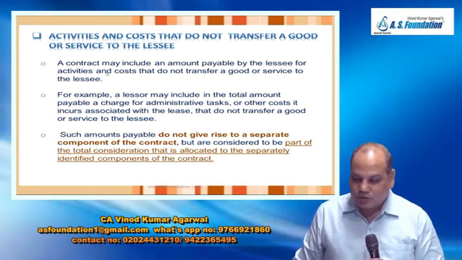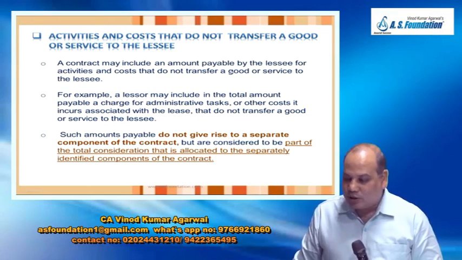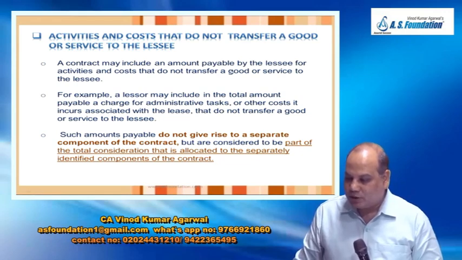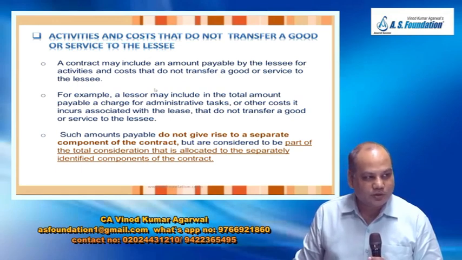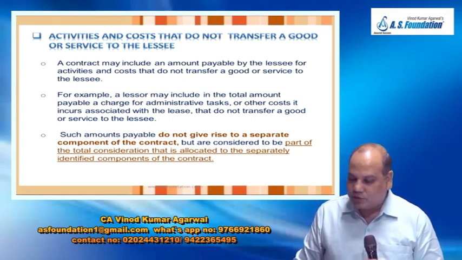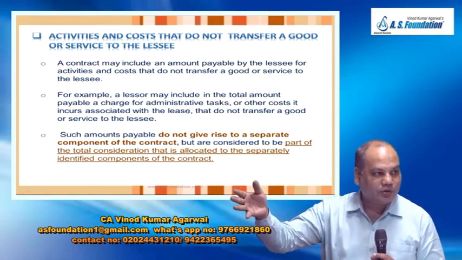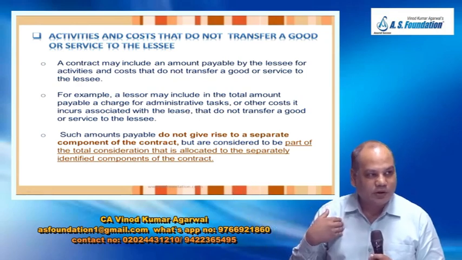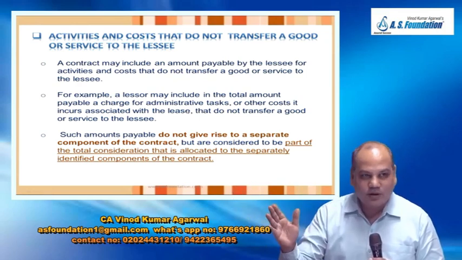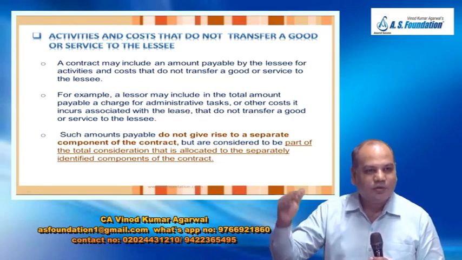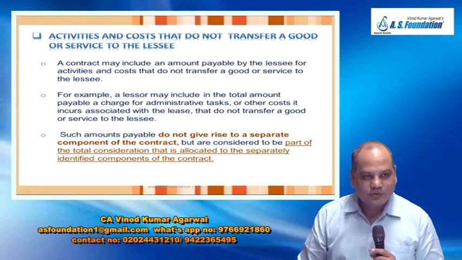Let us read. A contract may include an amount payable by the lessee for the activities and costs that do not transfer goods or service to the lessee. For example, a lessor may include in the total amount payable a charge for administrative task. Now they will incur some administration cost, the lessor, but he charges me for that. I don't get any machine or service.